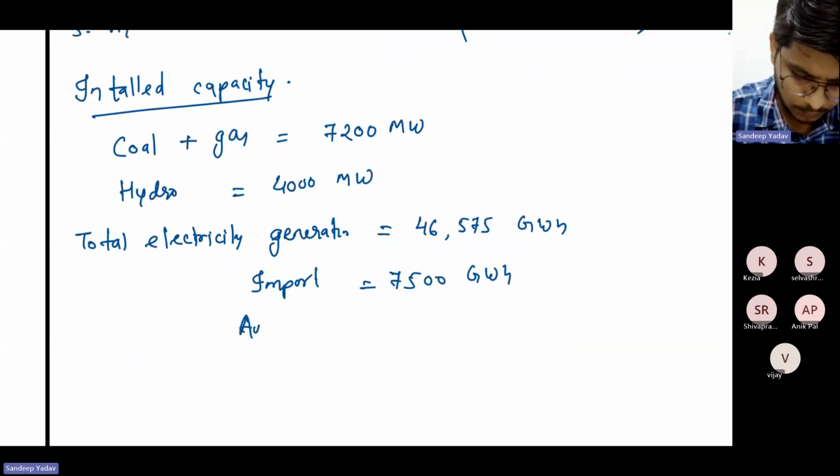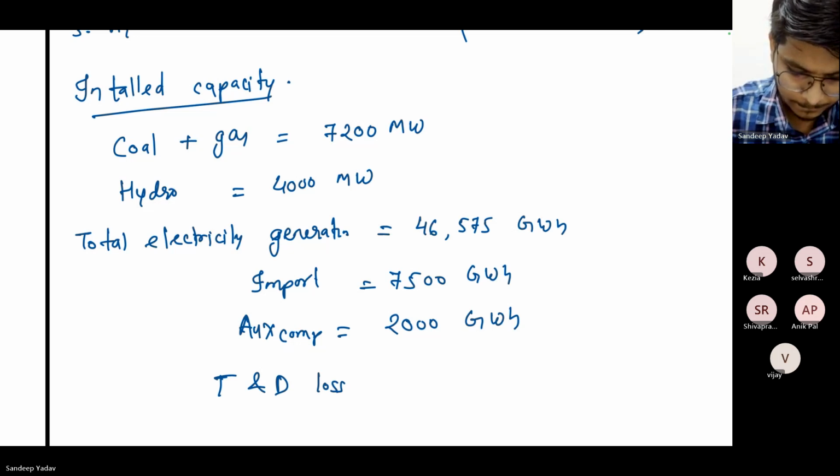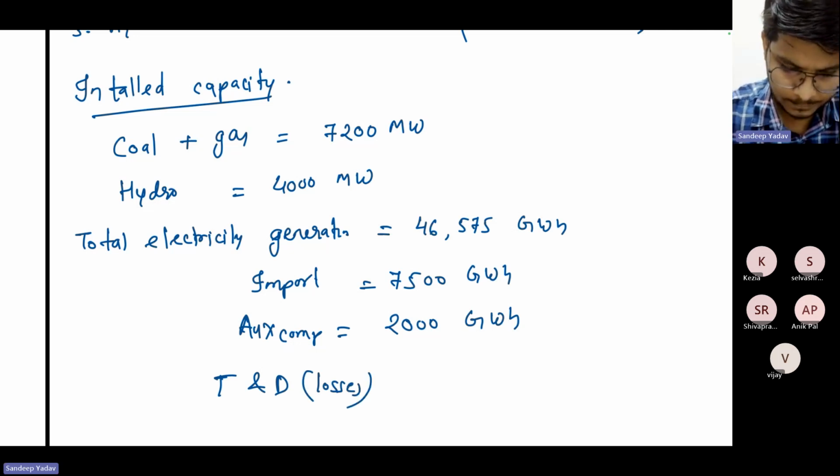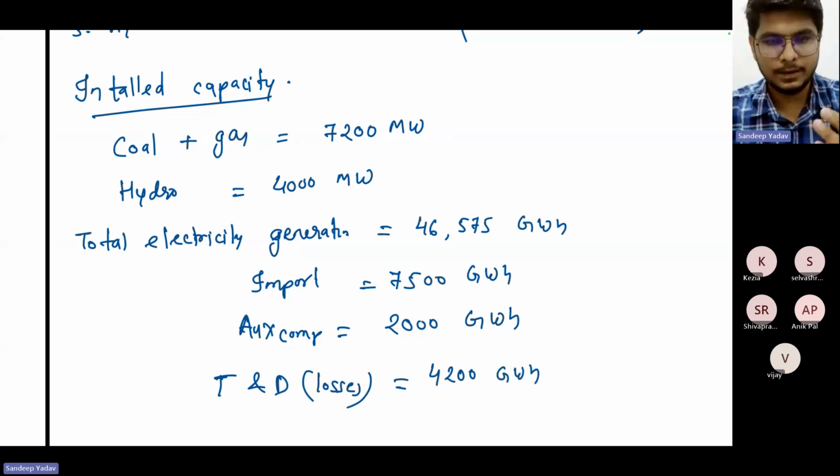Auxiliary consumption, or aux consumption, is 2,000 gigawatt hour, and transportation and distribution losses are 4,200 gigawatt hour. So these are the things that we are given in the question.